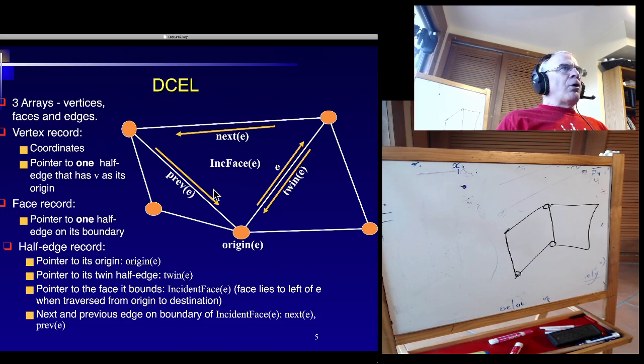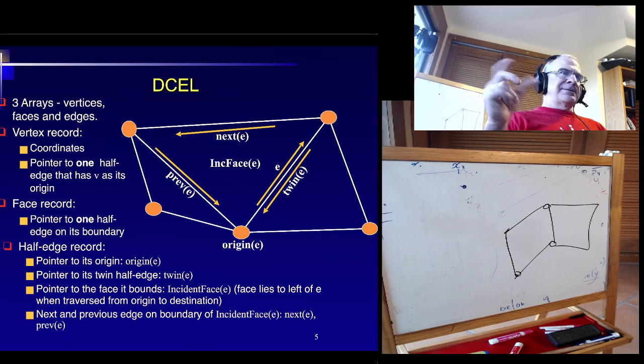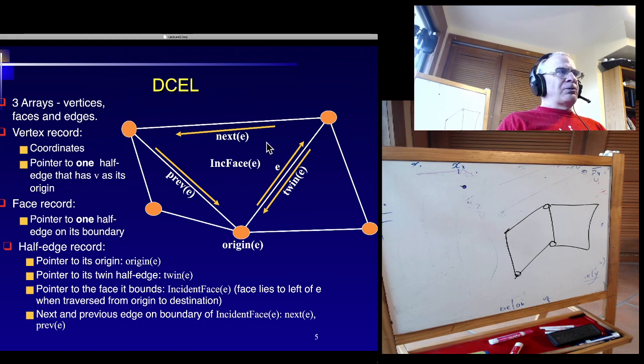How do I orient all these half-edges? A half-edge has a direction, as opposed to an edge that is undirected. Half-edges always have a direction, and I'll keep the agreement with you that within a face the direction of the half-edges is always counterclockwise.